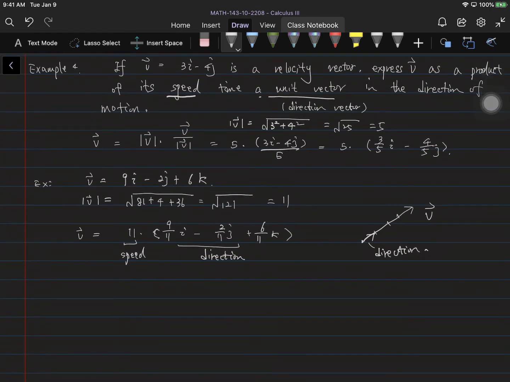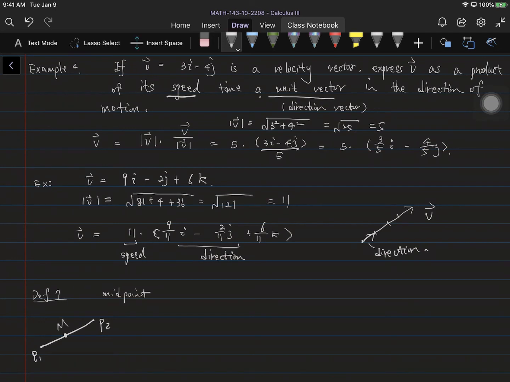Okay, so now let's take a look at definition 7, which is midpoint. Midpoint means what? Here we have a line segment, P1, P2, and the midpoint is the point in the middle of this line segment.